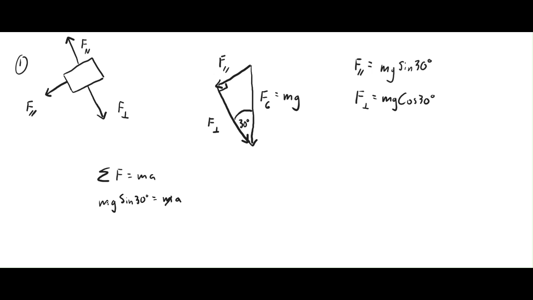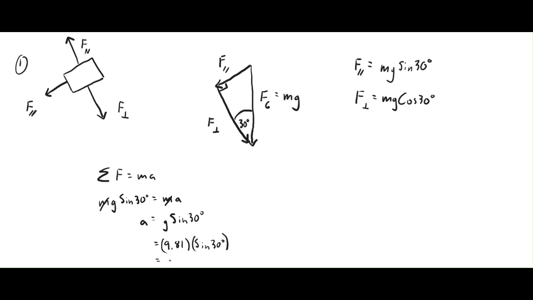Notice the masses cancel out on both sides, and we're just left with acceleration equals g times sine 30. This is why it's nice sometimes not to put the numbers in early, because you get these nice cancellations. And then putting in that g is 9.81 meters per second squared, and sine 30, well, let's just leave it as sine 30, but that happens to work out to be 1/2.